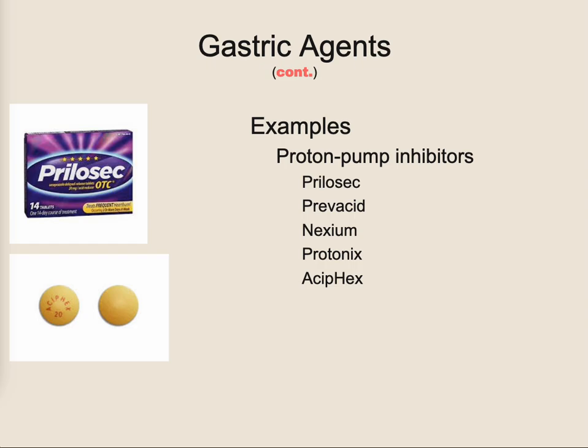These are the canals where stomach acid is produced. PPIs work by blocking the final step of gastric acid production. They interfere with the exchange of H+, which is hydrogen, and potassium ions at the pump on the surface of parietal cells, which reduces stomach acid production.